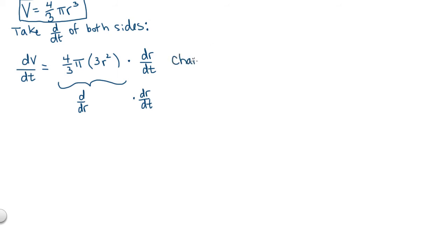So this comes from the chain rule, not a bad idea just to remind ourselves why we need to multiply by the dr by dt, going back to the chain rule that we practiced right at the beginning of the video.